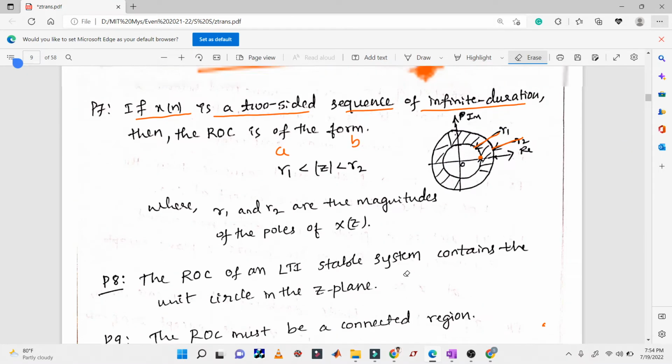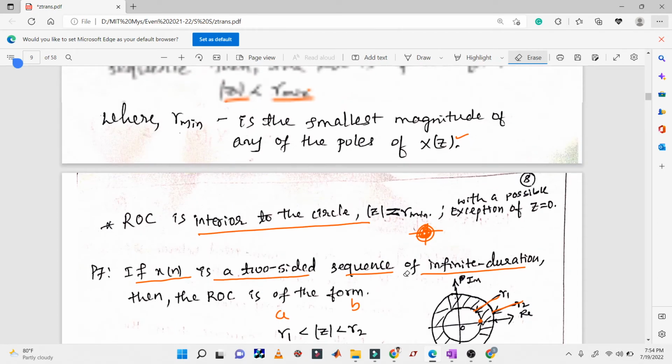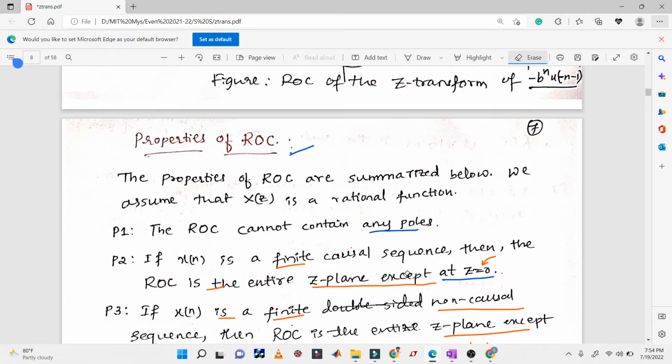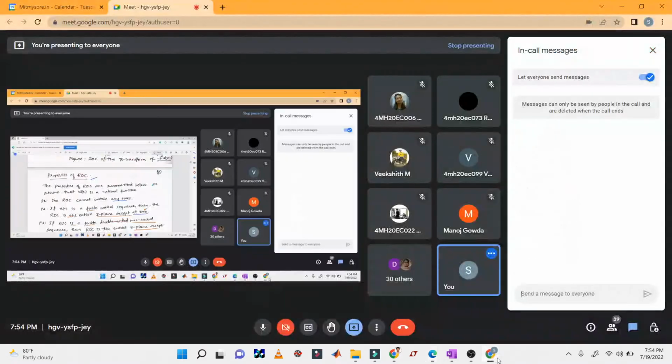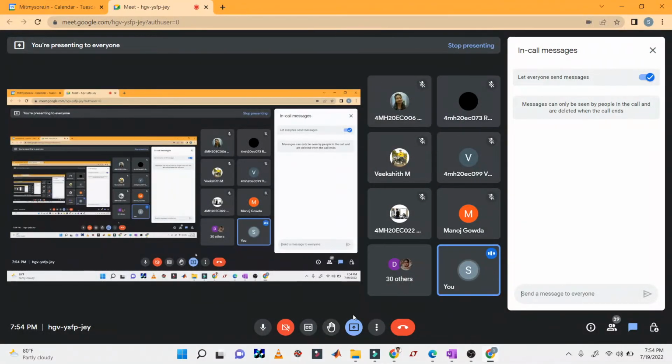How many properties we have for ROC? Yes, any one property if you can name.